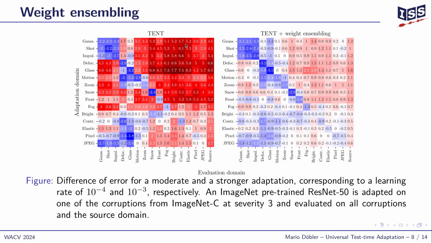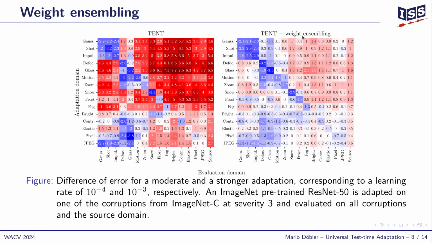So here, first of all, considering TENT entropy minimization without weight ensembling, we can see that if we adapt to a domain here on the left and evaluate it on other domains here from ImageNet-C, then we can clearly see that, of course, the performance improves in terms of reducing the error rate, but for all other domains, the error increases, namely we have loss of generalization.